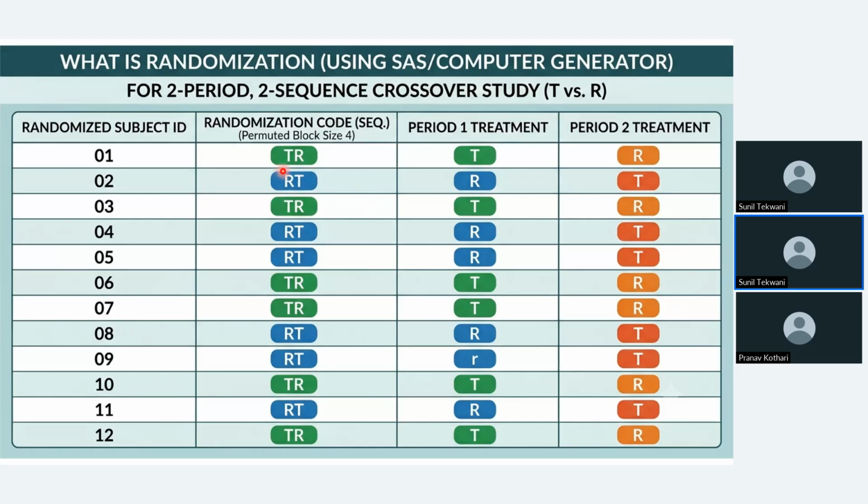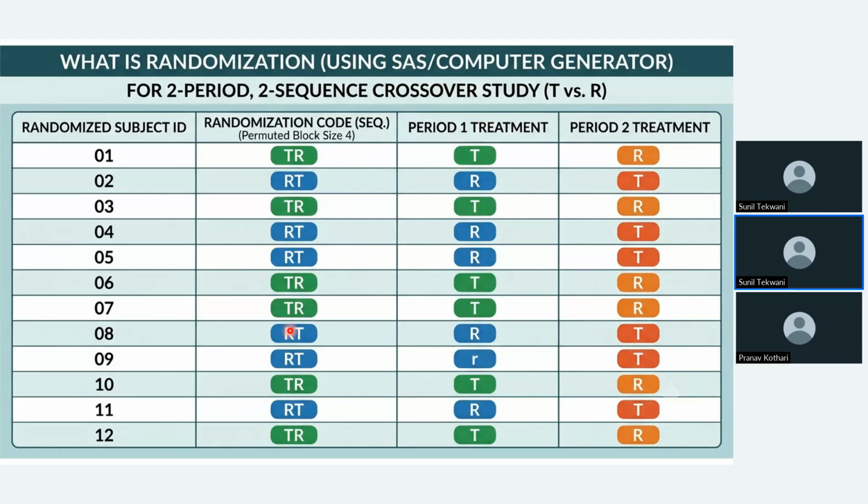You can see subject 1 is receiving test product first, reference product second. So the sequence for subject 1 is TR. For another subject, it is RT, first reference, in period 2 test product. TR is one sequence, RT is another sequence. You can see all the subjects are having either of these two sequences, either TR or RT.